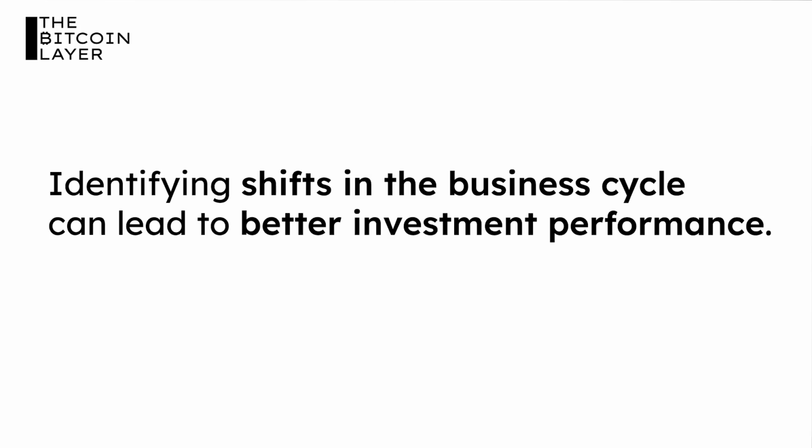But we actually see the peak being several months before the peak in these risk assets. What's the takeaway? Identifying shifts in the business cycle can actually lead to better performance with our investments as we understand when we are heading into a contraction before the markets are maybe able to tell us that.